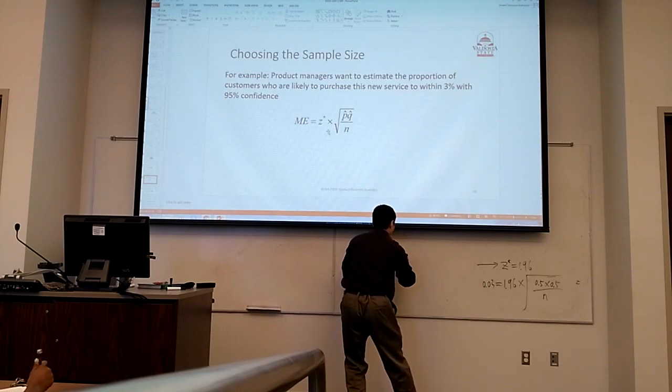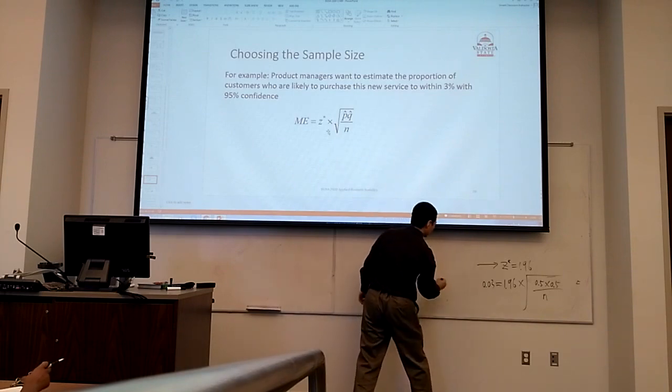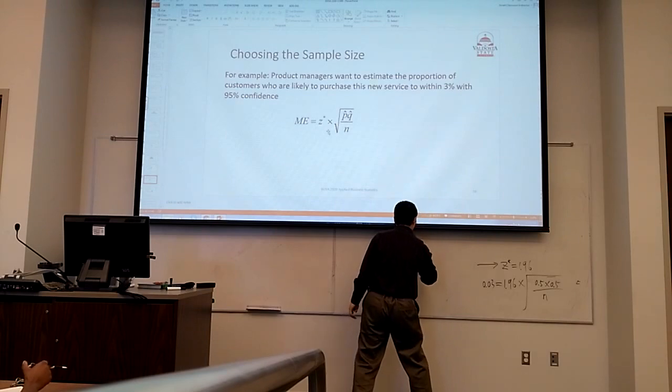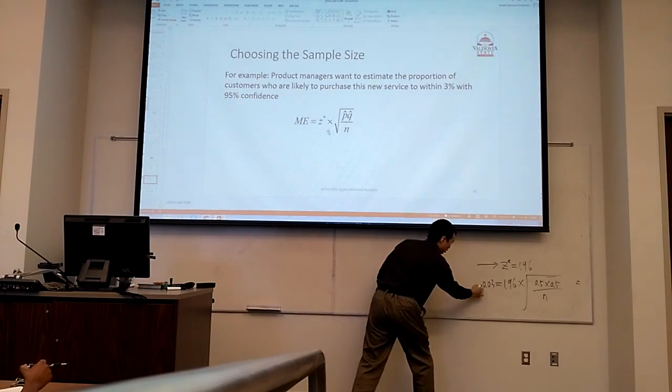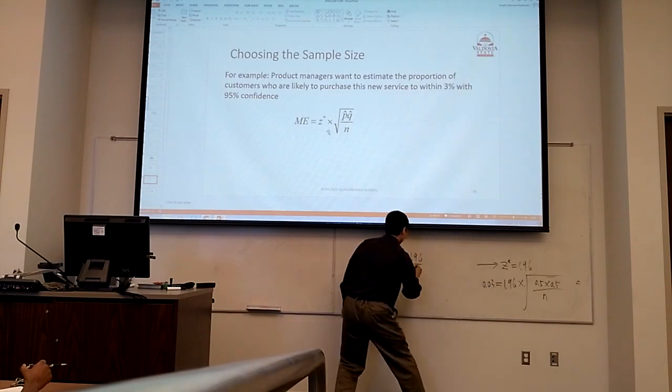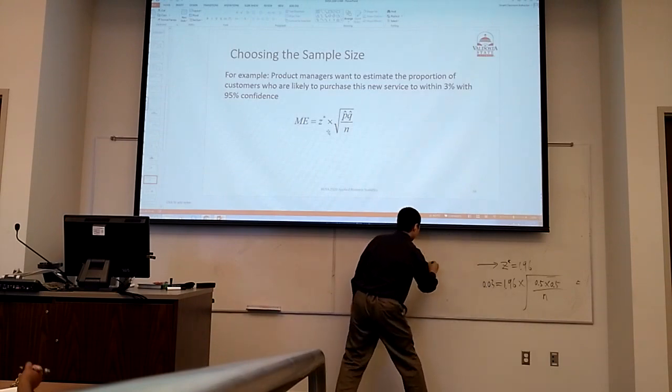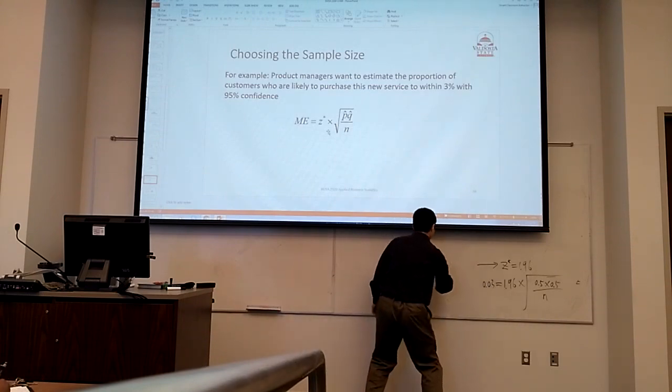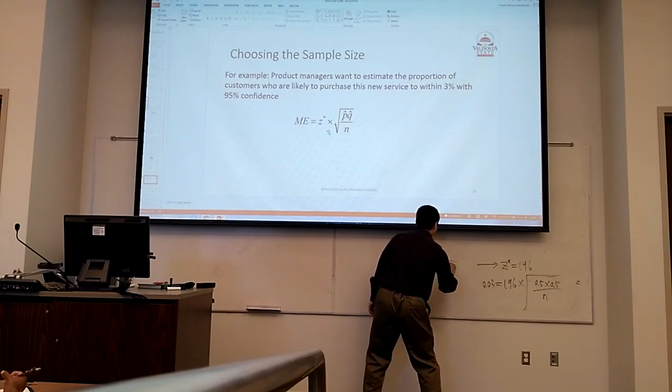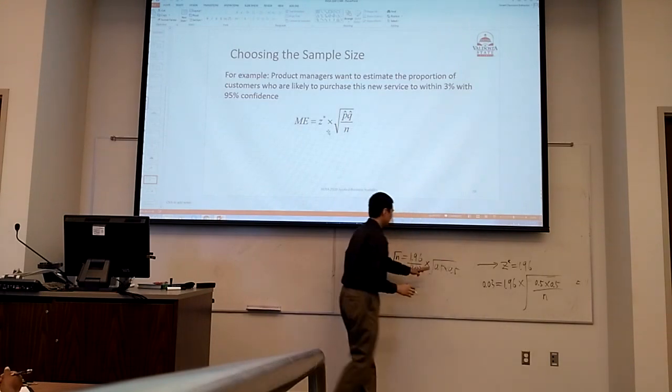Square root of n is equal to 1.96 times the square root of 0.5 times 0.5, with 0.03 over here.